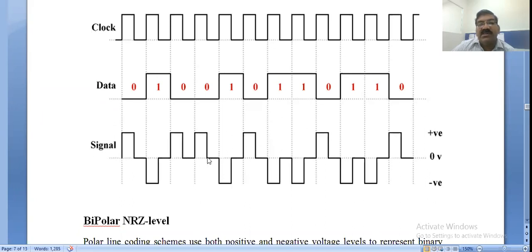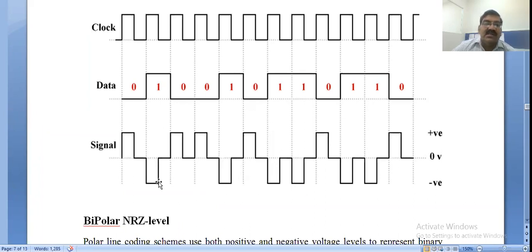So here the proper synchronization is there. The upper half represents zeros, the lower represents the ones. Simple, you can see here the 1. So this 1 represents here, and these zeros represent here. If there is a continuous train of zeros or ones, there is no problem.